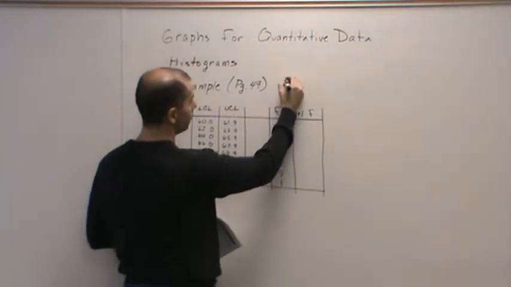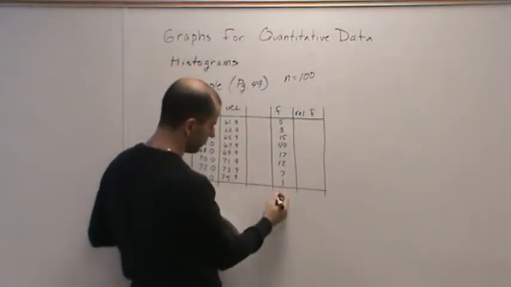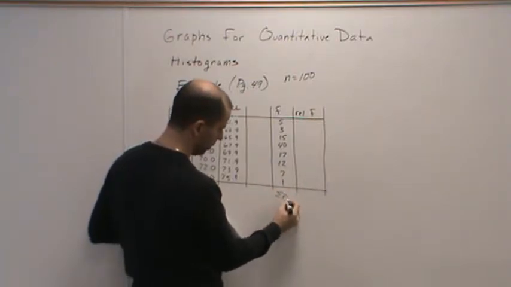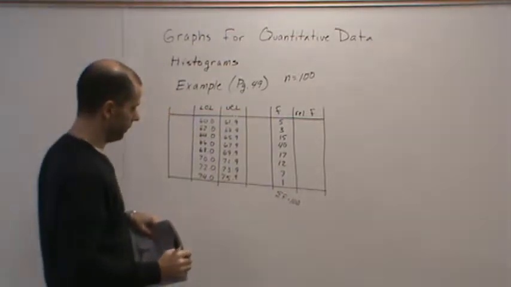What's the sample size? We know n is equal to 100. So this frequency must add up to 100, which it does.